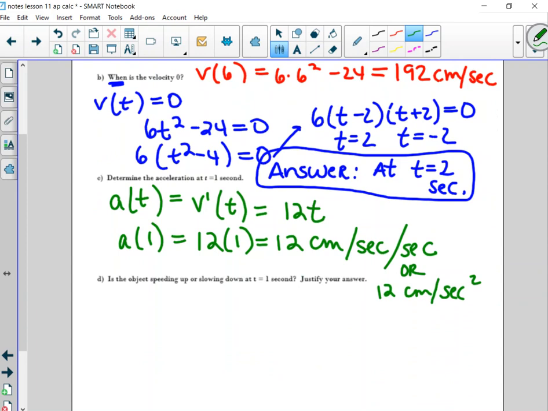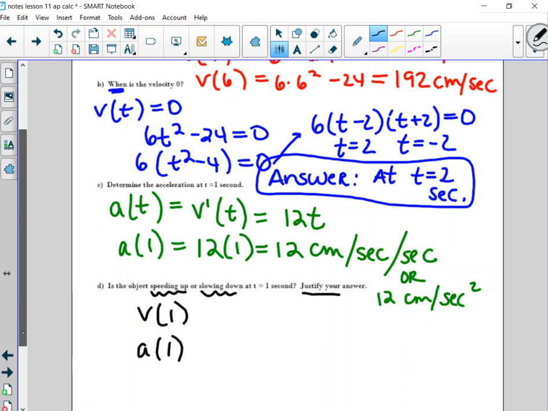And now here comes our favorite question. Are we speeding up or slowing down? Okay. The justification for a speeding up and slowing down concept has to be a discussion of both velocity and acceleration. So my velocity at time 1 and my acceleration at time 1 both need to be a piece of this discussion.